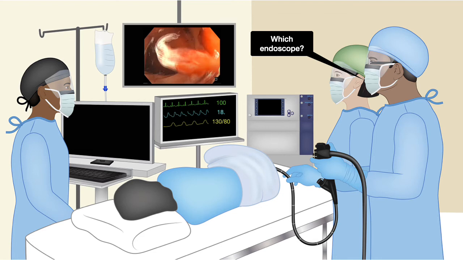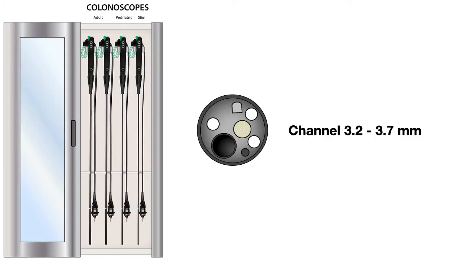So you have access to different scopes, but the best scope or the preferred scope for a patient with lower GI bleeding is a scope with a channel of 3.2 to 3.7 millimeters in size, and the larger channel allows us to clear the stool or residual clots, and also allows us to insert the various probes that are used for controlling the bleed. And these probes tend to be at least 10 French in size.